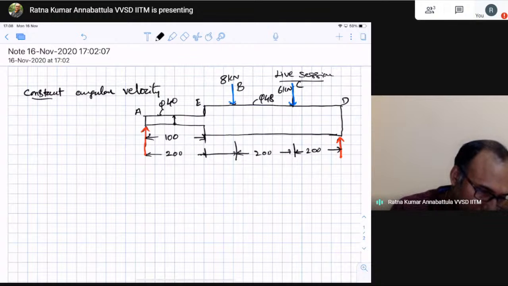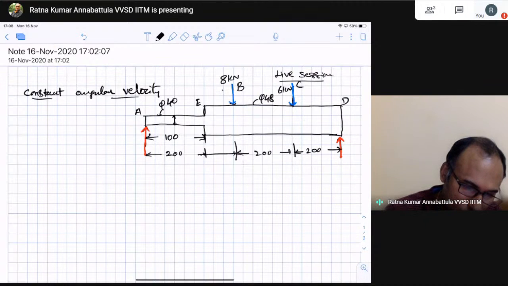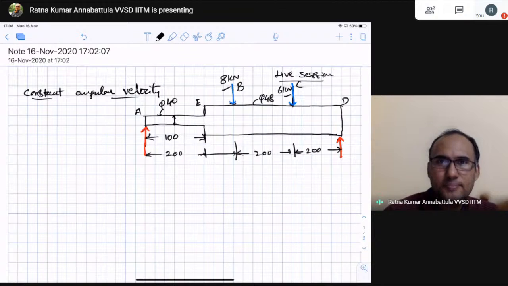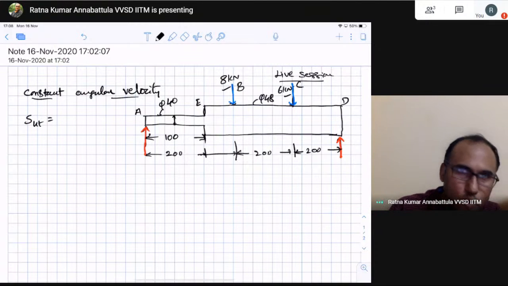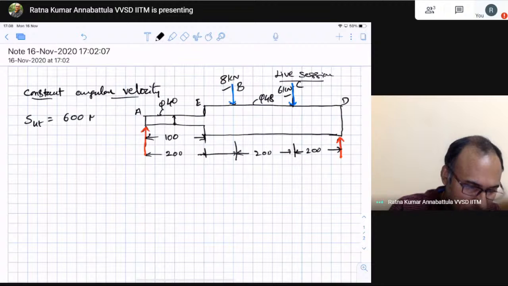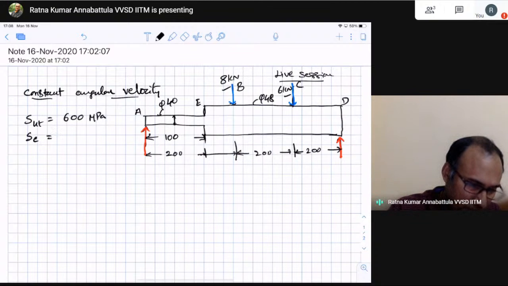It is acted upon by these two loads, 8 kilonewtons and 6 kilonewtons at points B and C. And the rod is made from rolled steel, with an ultimate tensile strength SUT given as 600 MPa, and SE, that is endurance strength, of 250 MPa.